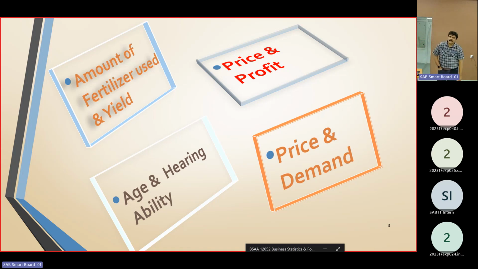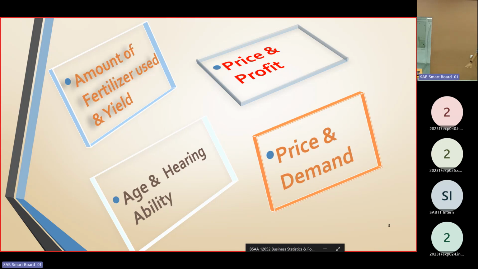Second bullet point: price and profit. Third one: age and hearing ability. Fourth one: price and demand.